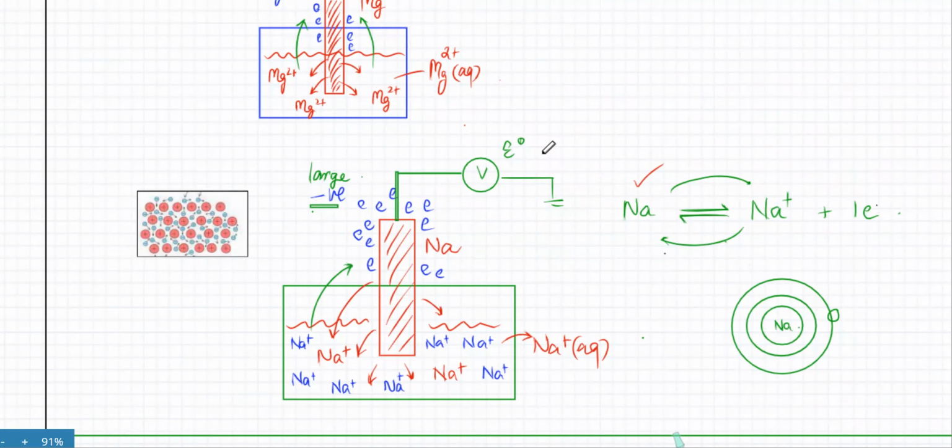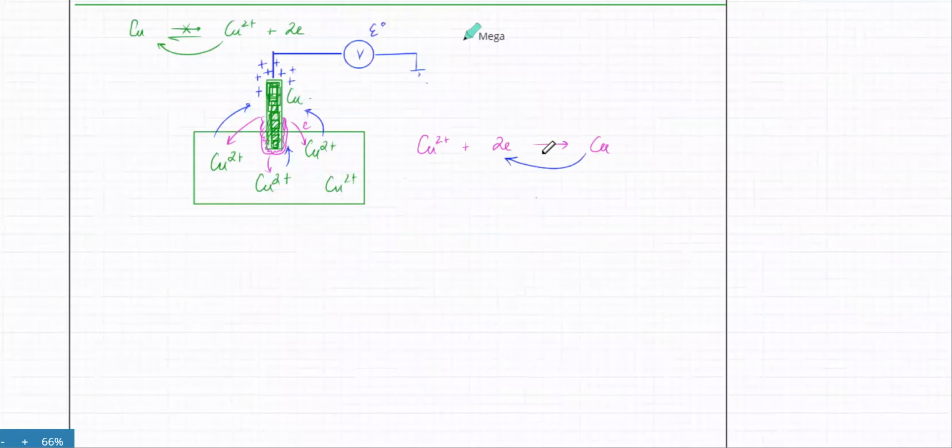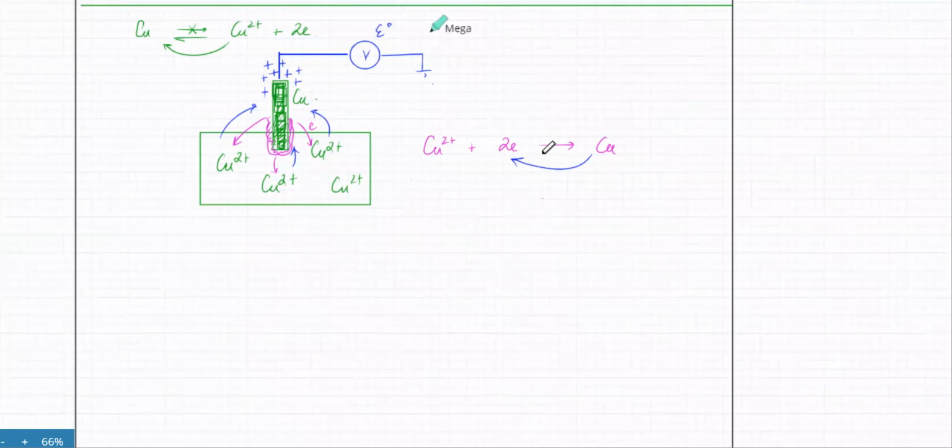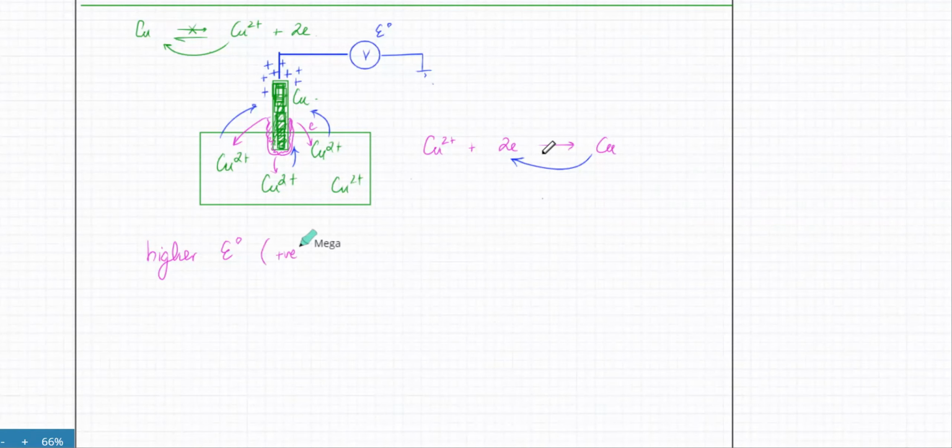So this is the summary of the chapter. If the potential that builds up is a higher electrode potential, remember, I'm not going to be discussing positive and negative. I'll be talking about higher potential and lower potential. Higher potential is the positive one.